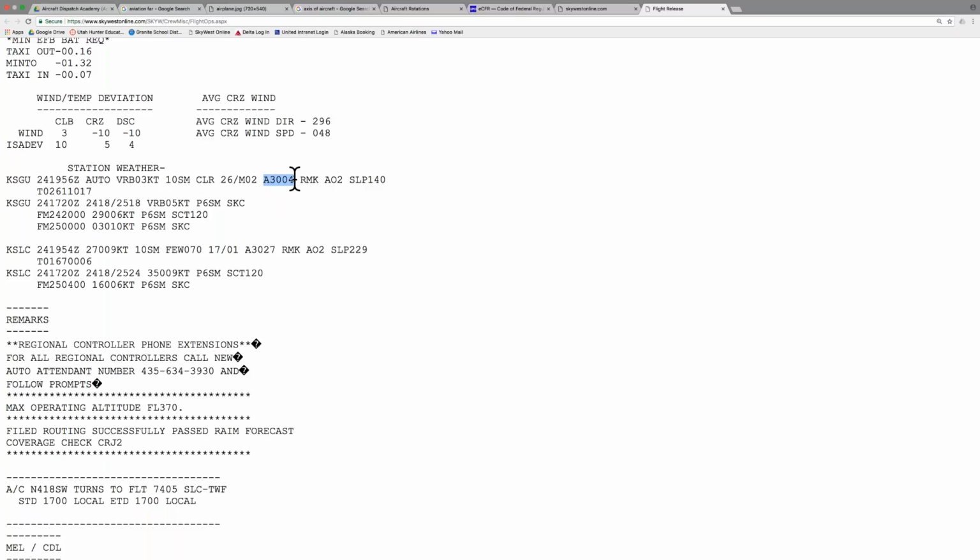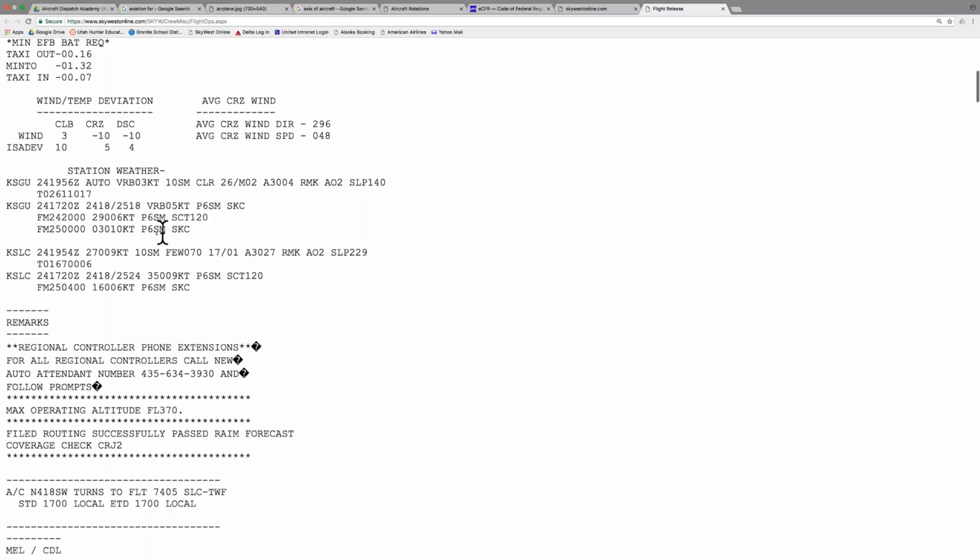Once again, when we get to weather, we'll really drill this in and help you guys understand how to decode this. But this temperature and dew point, and also this altimeter setting, is going to have a lot to do with the performance of the aircraft. And then the visibility and our ceilings, the sky condition, that's going to determine our legality.